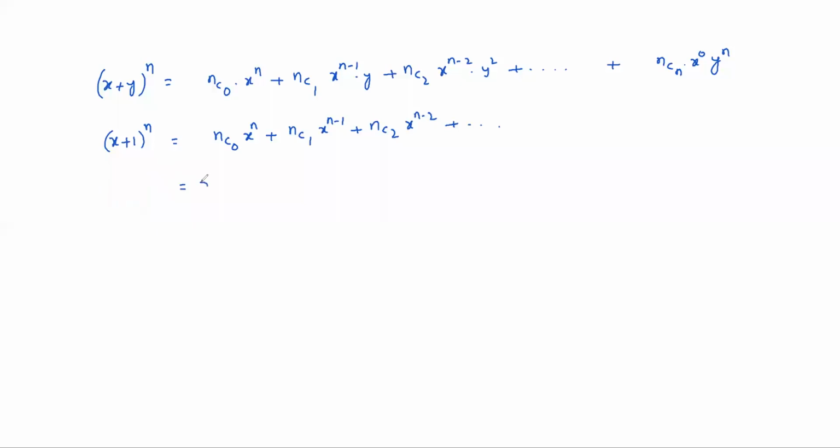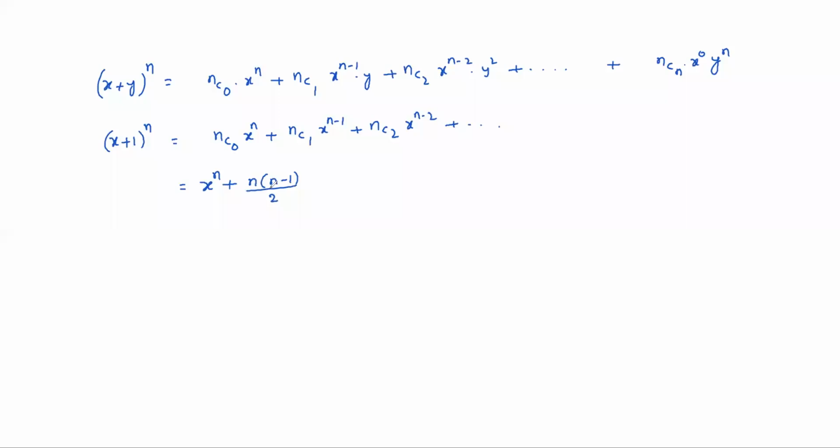nc0 is 1 anyway, x power n, plus nc1 means n into n minus 1 by 2, right? n factorial by n factorial into r factorial.